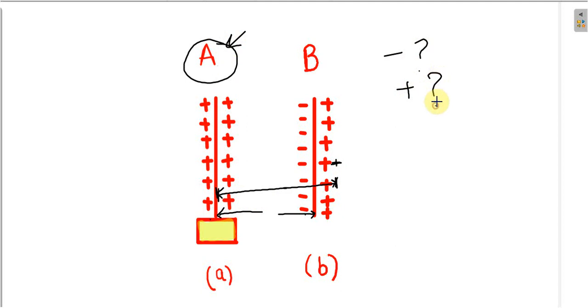As you can see, this negative charge is very near to plate A, while this positive charge is at more distance from the metal plate A. So which charge will affect plate A more, negative or positive? Since the negative charge is very near to plate A, it will be more effective. The negative charge will dominate.